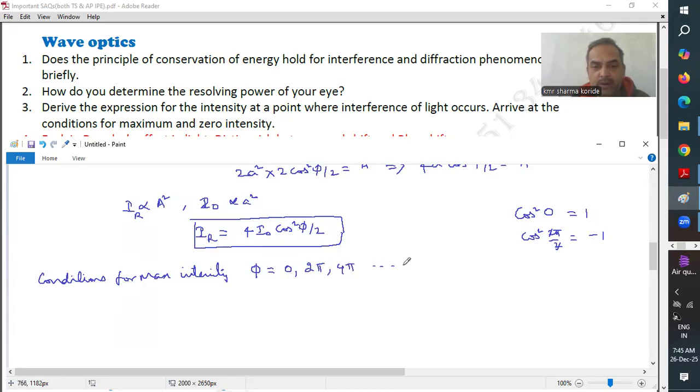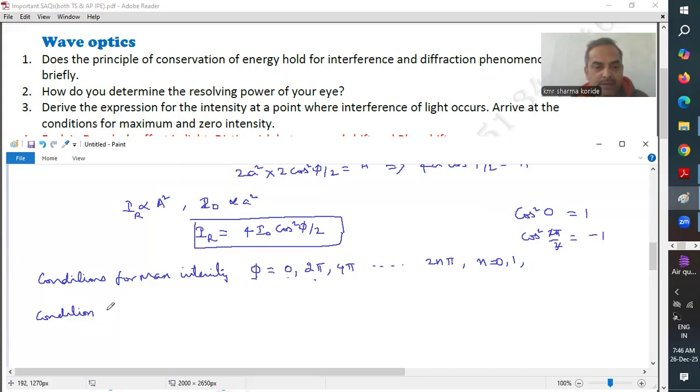Similarly 4 pi, and so on. You can extend this up to 2n pi, treating n equal to 0, 1. If you put 0, you get the first case; if you put 1, you get the second case, and so on. So to get maximum intensity on the screen, the phase difference must be 2n pi. Now the condition for minimum intensity.